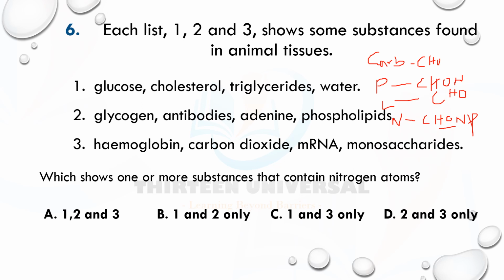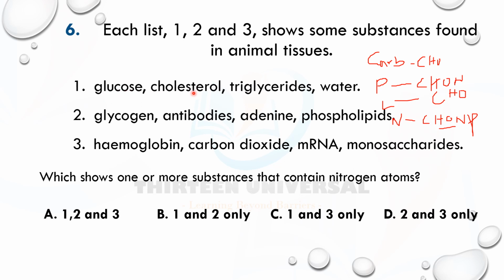So they now ask us for the one that has nitrogen. Of course, nitrogen is found either in protein or nucleic acid. They said which shows one or more substances that contain nitrogen atoms. Glucose doesn't have it, that's CHO.